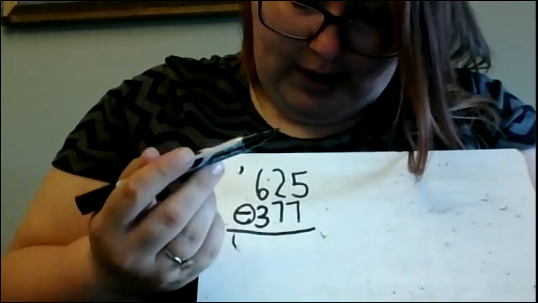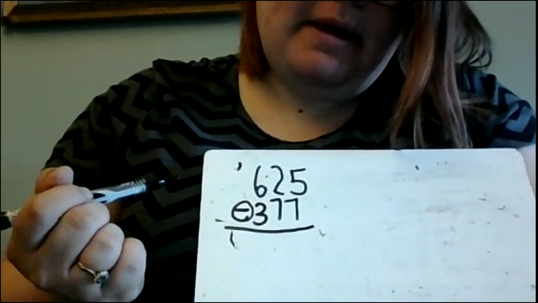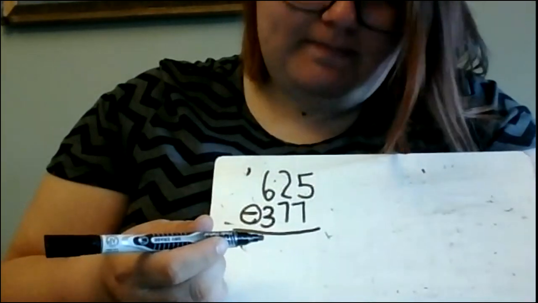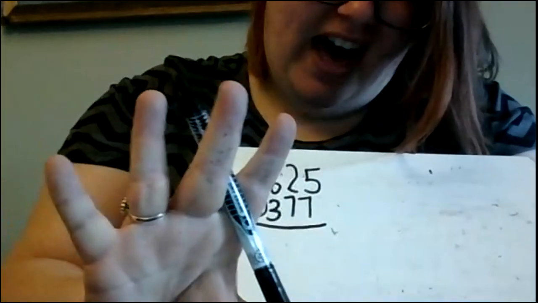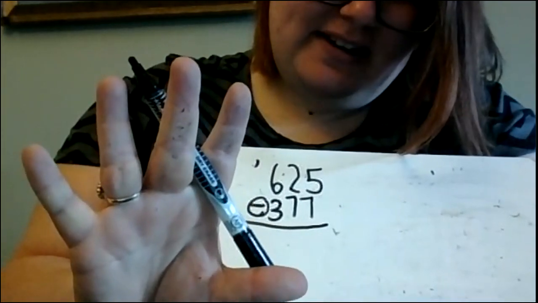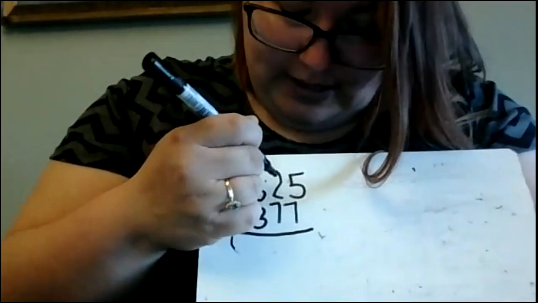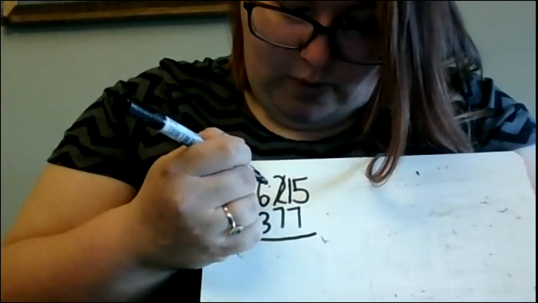Right, in the ones. So I have 5 ones minus 7 ones. And you might be thinking, Miss Jones, it's 2. I always have to start from the top. If I have 5, can I take away 7? Nope, I can't take away 7. So I have to go next door and get 10 more.